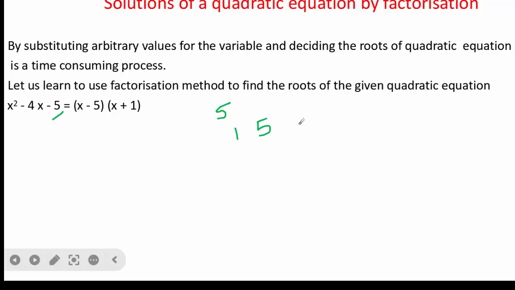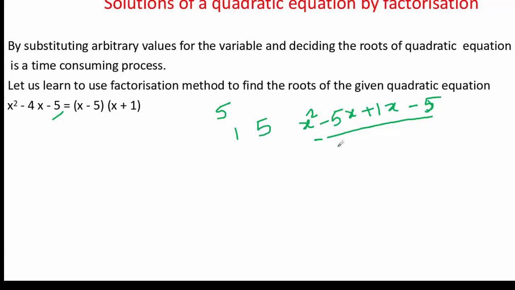Therefore, I shall write this x square minus 4x as x square minus 5x plus 1x and minus 5 as it is. Thus, we have factorized x square minus 4x minus 5, made the middle term like minus 5x plus 1x. Now from the first two terms, I can take x common, x minus 5.